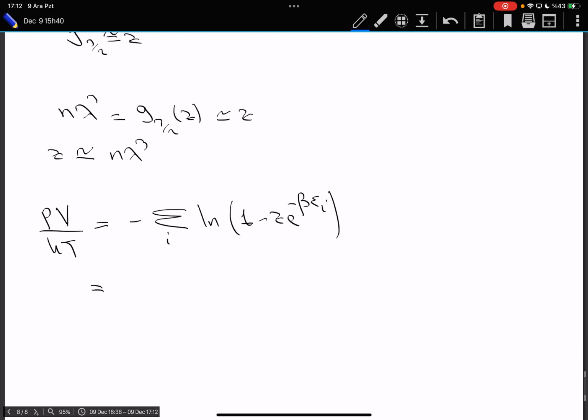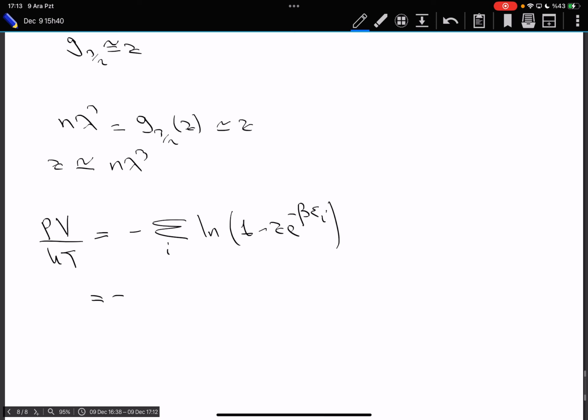This is basically minus the integral d epsilon, g epsilon being the density of states, times logarithm of 1 minus z e to the power minus beta epsilon.